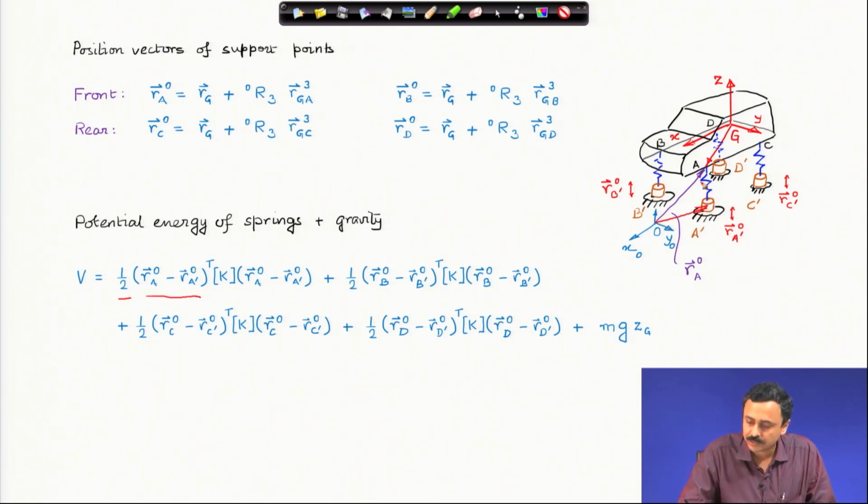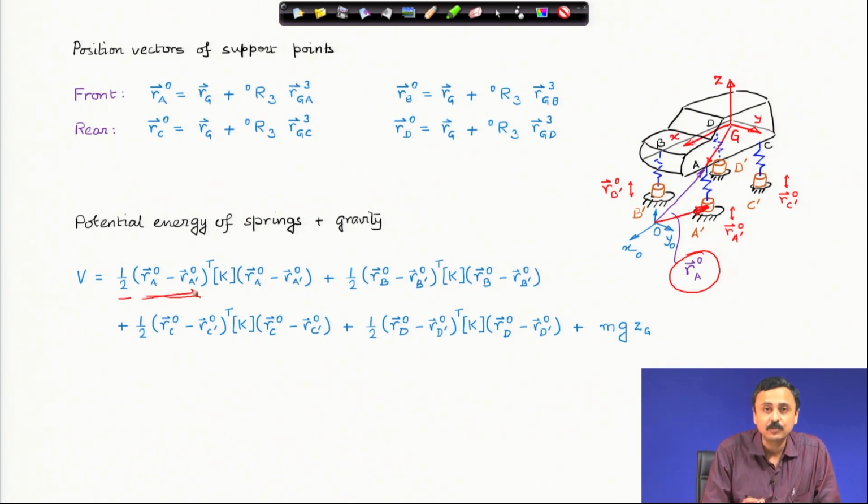This is R A, and R A prime is this vector. Therefore, this is the difference vector, and we write this difference vector transpose stiffness matrix.